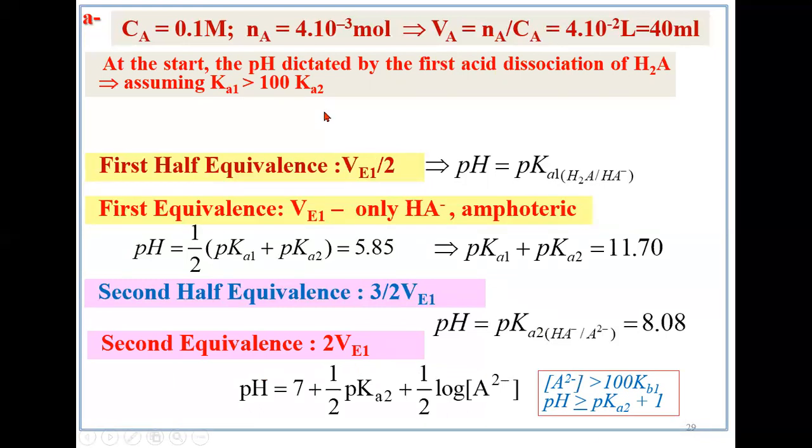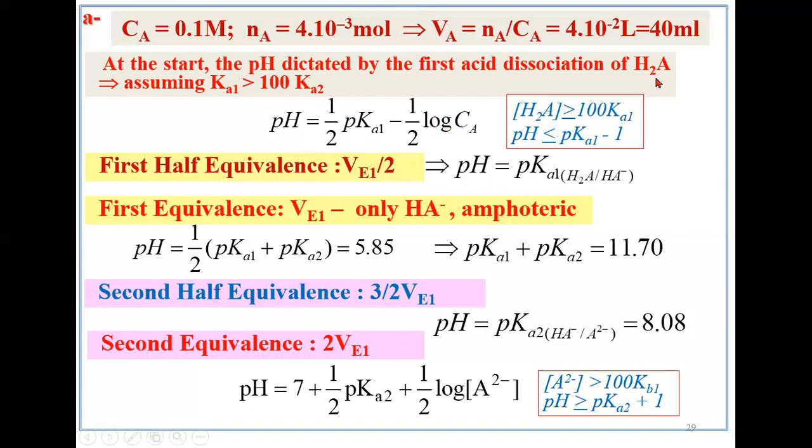And at the first equivalence, at the initial, we can use that the pH equals half pKa1 minus half log C if the concentration of this acid is greater than 100 Ka and the pH is less than pKa minus 1. Note that it is either-or, you use either validity.